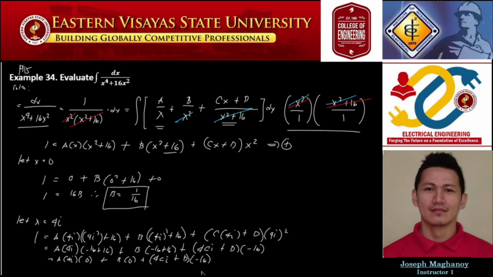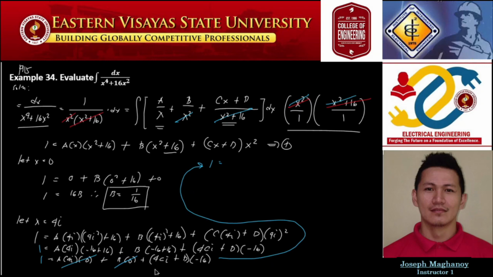Okay, so let's rewrite it here. We have the value of 1 on both sides, and the remaining, so this will become 0.